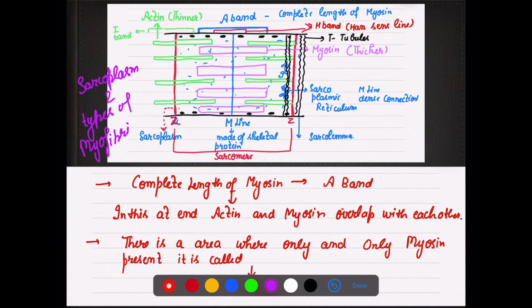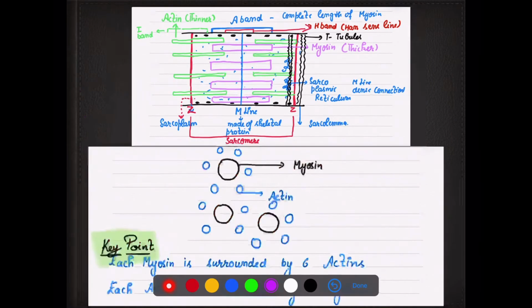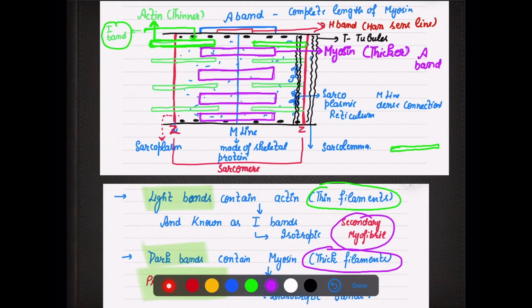Light and dark, right? Or you can say primary and secondary myofibrils.